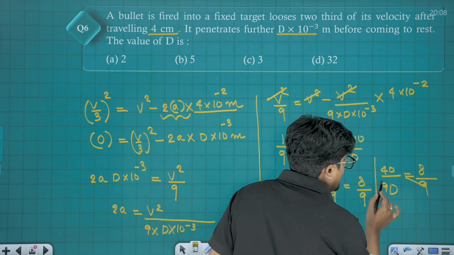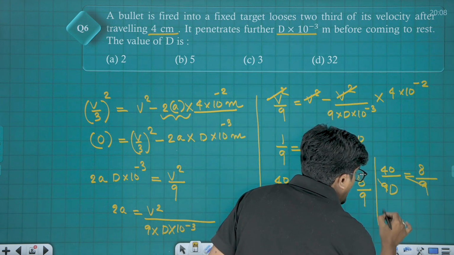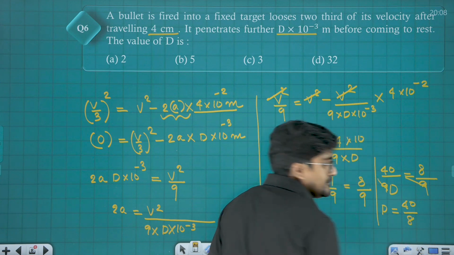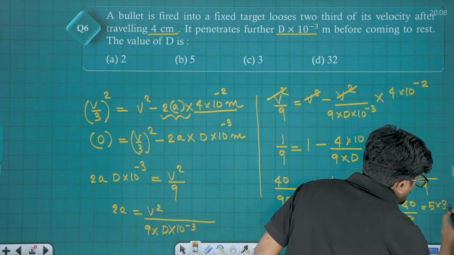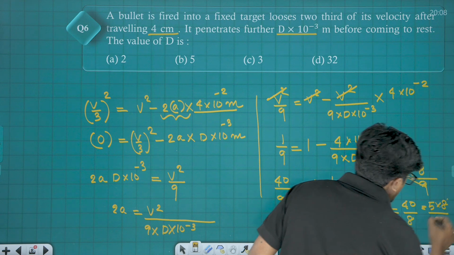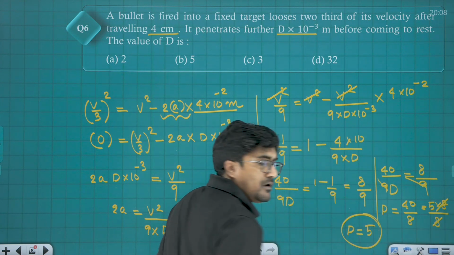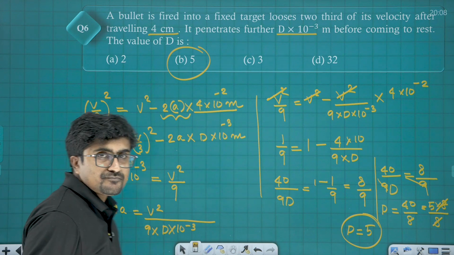Here they will cancel each other. Now if this goes to the right, capital D is equal to 40 divided by 8. 40 can be written as 5 into 8 divided by 8. So capital D is going to be 5. Alright, so my answer is option B.